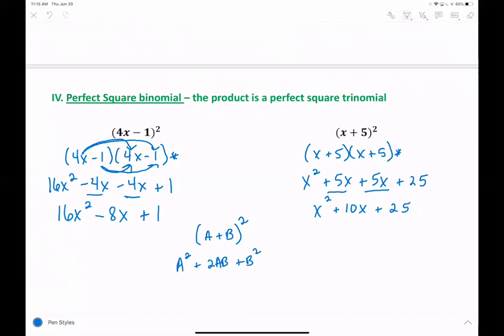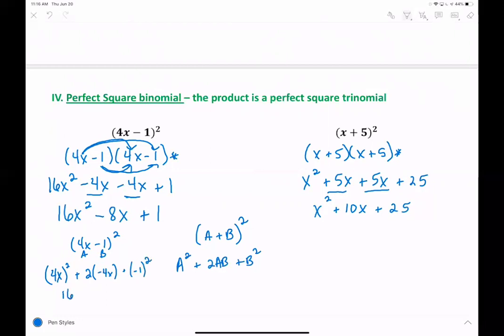So when you look at 4x minus 1, this is the A, this is the B. You're taking 4x and squaring it. Then you're saying 2 times A times B, which would be a negative 4x. And then you're taking that last term and squaring it.